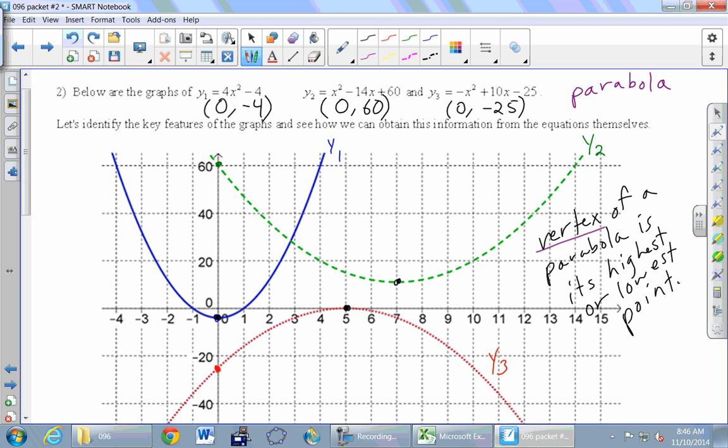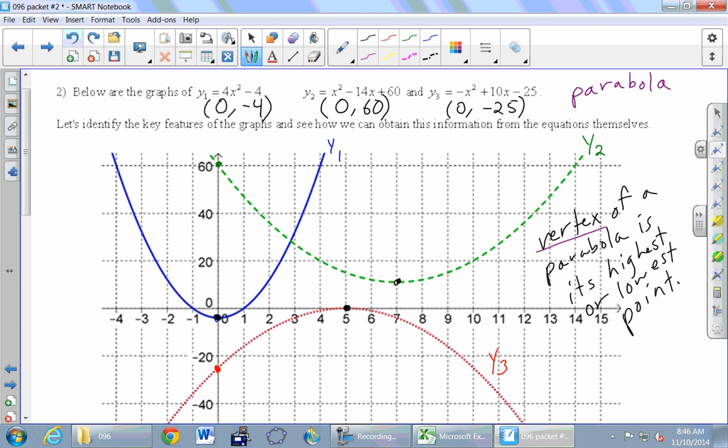Okay. So let's talk about this opening up or down business. Again, blue and green open up and red opens down. And there's something in the equations that tells you right away whether the parabola is going to open up or down. Anybody seen this fact before? Kira? Which negative are you talking about? So what negative tells you it opens up or down? The Y-intercept.